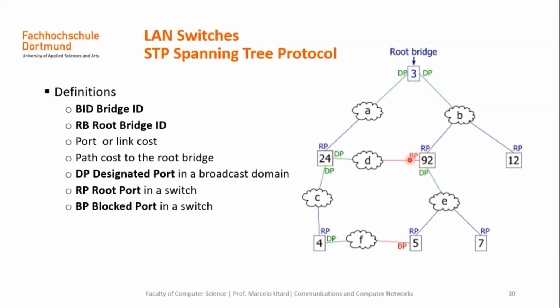That's why the designated port in this collision domain is this one and not this one. And that's why this port is not a root port nor a designated port. Then there is a port that has to be blocked by the switch. In that way, the spanning tree will transform any topology into a tree topology, avoiding loops.